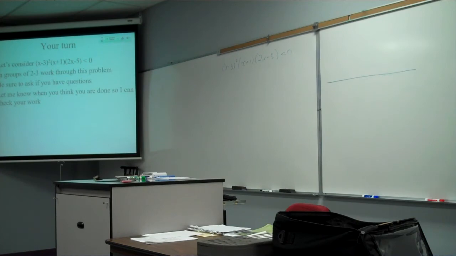So what about this one? Where is that going to be 0? x plus 1 equals 0, so minus 1 on both sides, so you get x equals negative 1. So that's another place that we could switch.